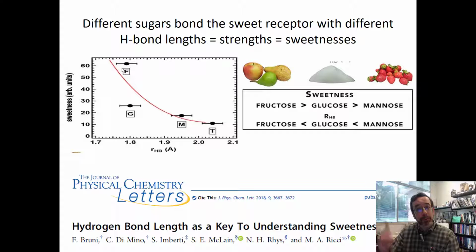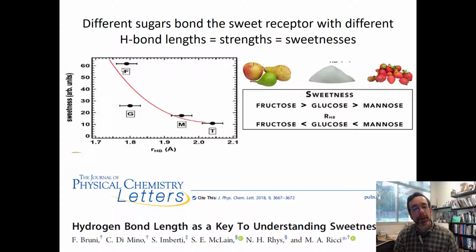If you look at this graph, you can hopefully see that they have sweetness going up and down. And so as sweetness goes up, the length of the bond gets shorter. That's what this graph shows.